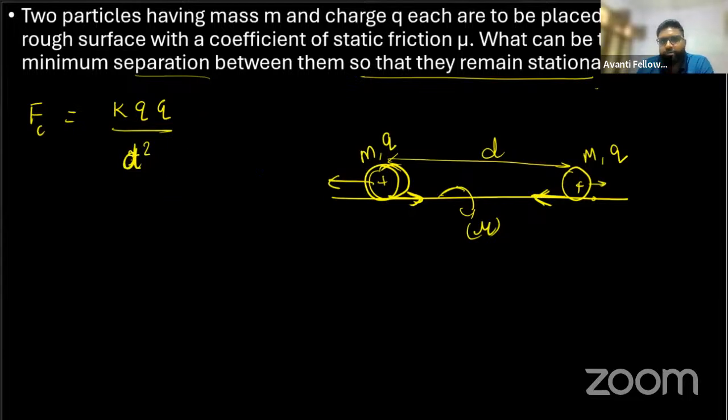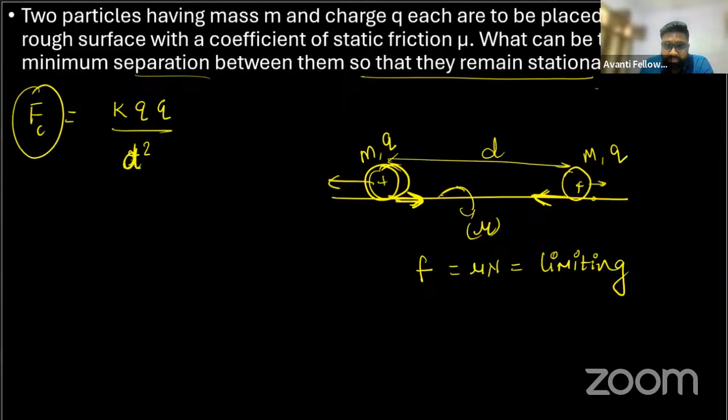Now what should the minimum separation be so that this charge will not move? The friction should balance this. Now what is the value of the frictional force? Mu into N, and this is the limiting value of friction. So if this force is equal to the limiting value of friction, then we can say it is the minimum distance that we require to stop that.